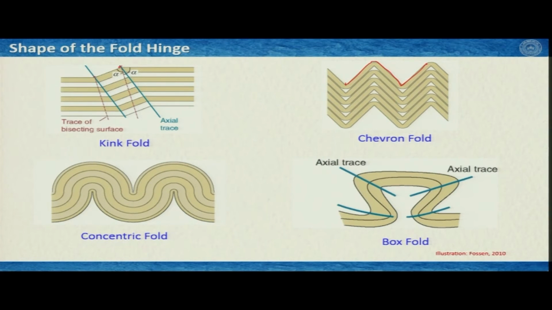And in terms of fold geometries that we have learned in the previous lecture, let us take this profile or this line. When you encounter a chevron fold in the field, it is very difficult or impossible to define the inflection point. It is somewhere here, but the sense of curvature is actually changing at the hinge points.